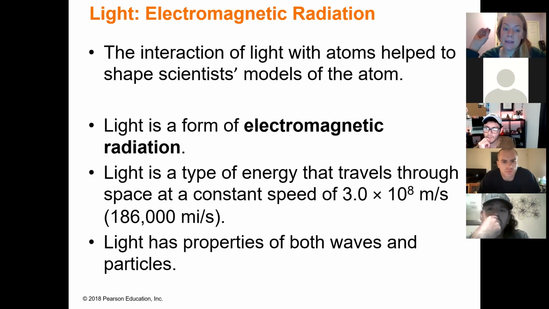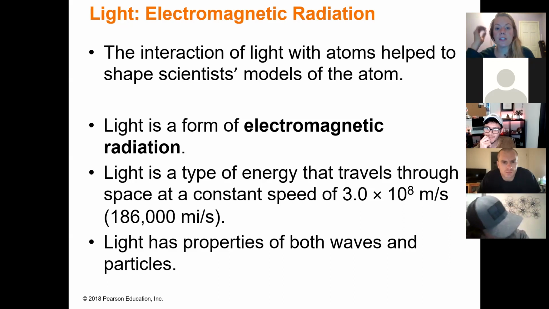Light is specifically a type of energy that travels at the speed of light, 3.0 times 10 to the 8th meters per second, fastest speed in the universe. Light has properties of both waves and particles, just like electrons have this wave particle duality. So some properties of light are going to behave like a wave, some are going to behave like a particle.